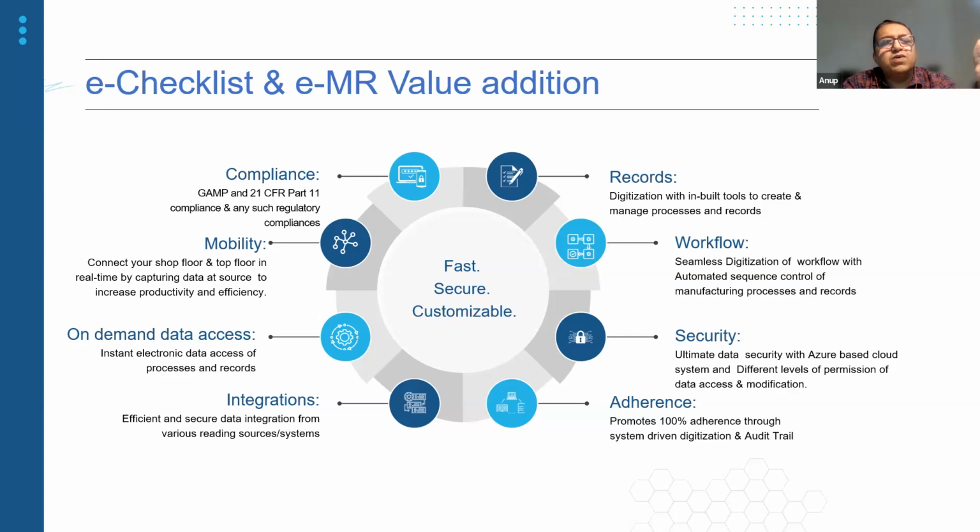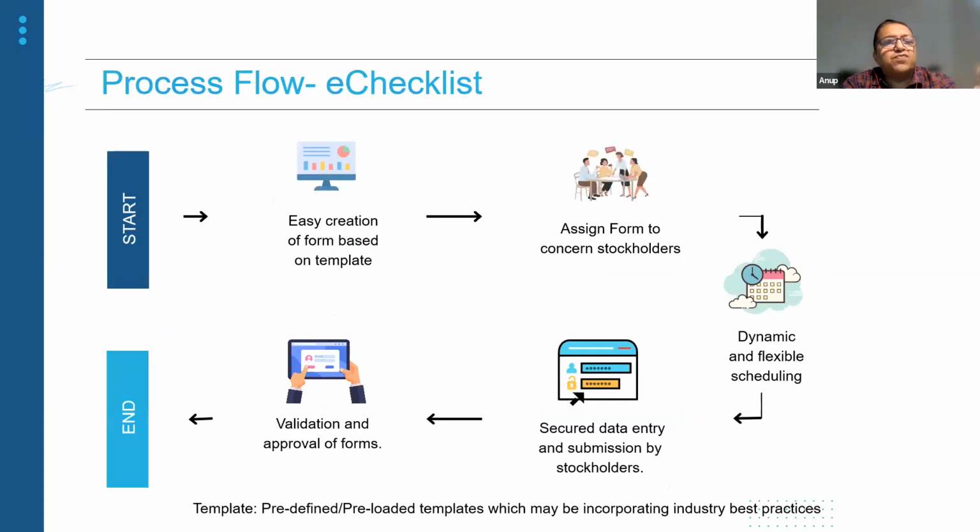I move forward now. This is the process flow of each checklist. It's very easy to create a form. You assign the form to the concerned stakeholder. The dynamic and flexible scheduling is there. Secure data entry is there on the handheld device. And this can be for the eyes of this person only.